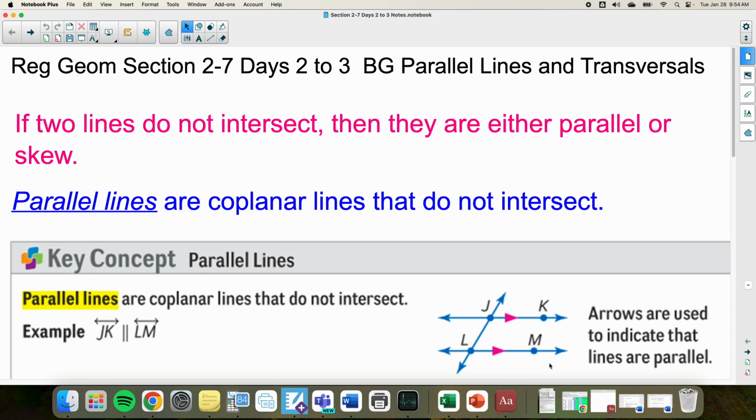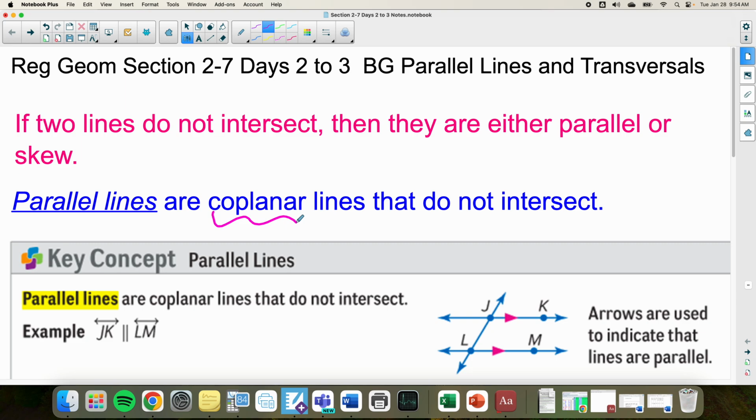A key thing about parallel lines is that they are coplanar. They don't have to, at that moment, lie in a plane, but you have to think about whether you could draw a plane that would intersect both of them. So think about this.